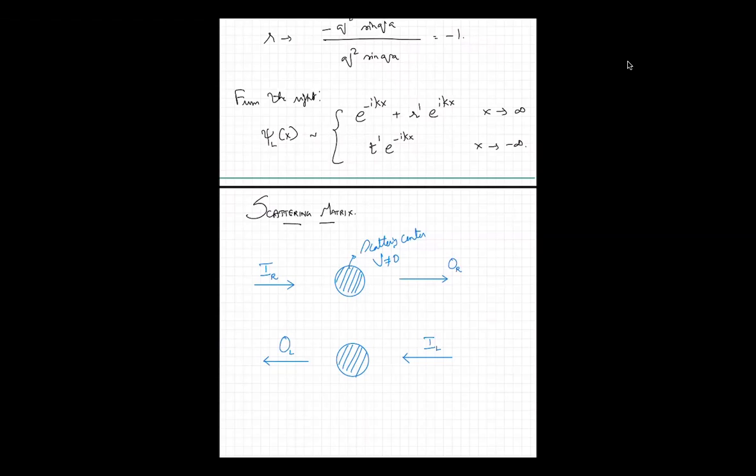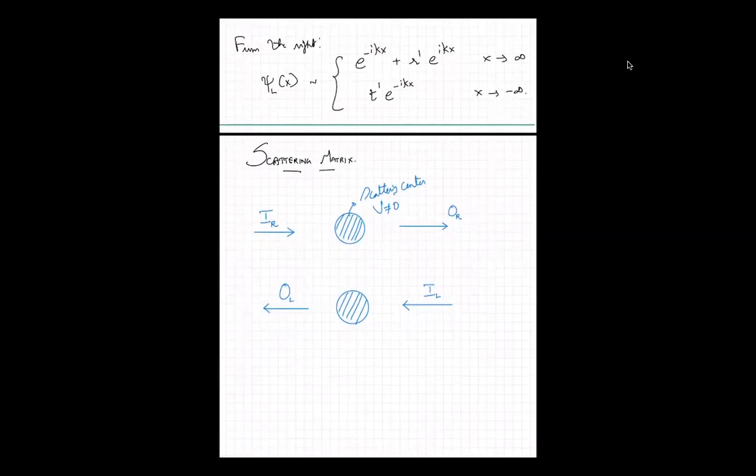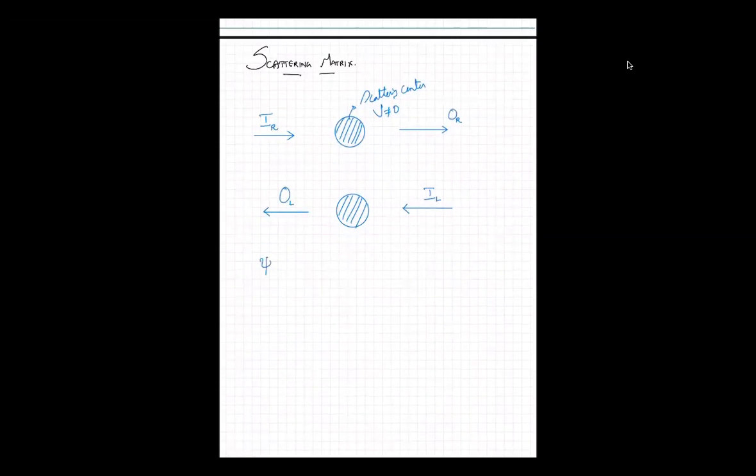So instead of writing things in terms of e to the ikx, I can write everything in terms of I's and O's. How will I write everything in terms of I's and O's? So I will write my psi R of x.